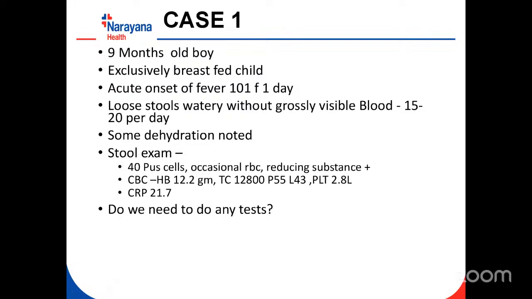Stool shows 40 pus cells, some occasional RBCs, hemoglobin and CBC are nearly normal, CRP is 21. Do you need to do any tests in this child? Anybody can write in the chat box. Oh, the answer came up. So this is an enterotoxigenic E. coli, rotavirus, no test needed, no medicines needed.